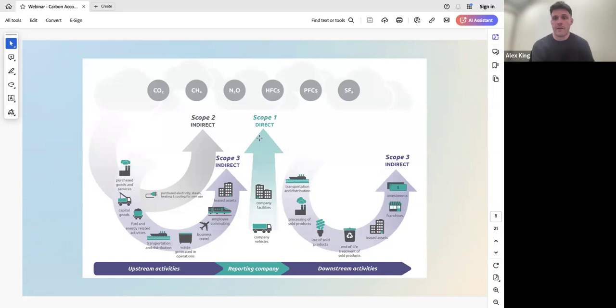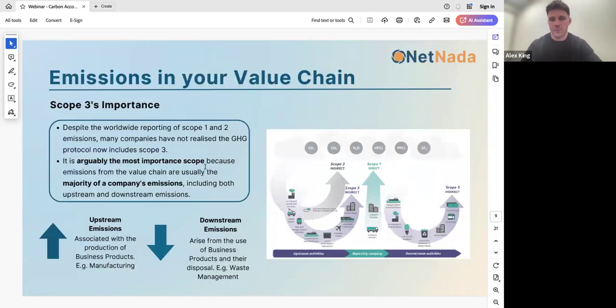The SEC has come out and said they're just going to do scope 1 and scope 2. The Australian government, for the first reporting, is just scope 1 and scope 2. For a long time, it's just been scope 1 and scope 2 reported. And this is why: scope 3 is difficult to calculate, or it has been. This is why companies like NetNata exist. And we'll touch on it in a second.